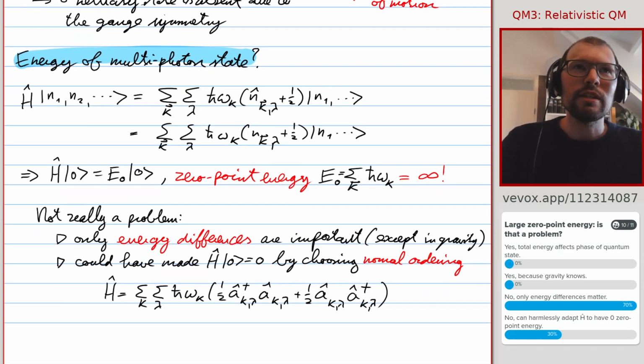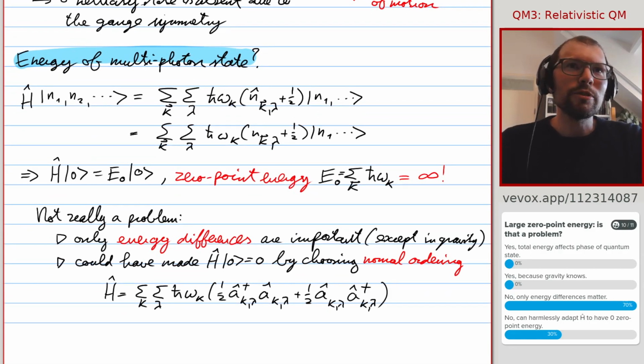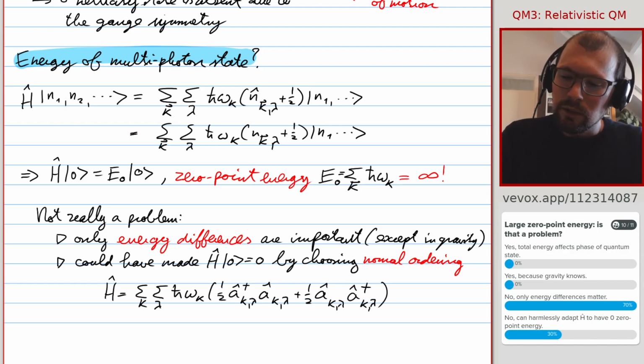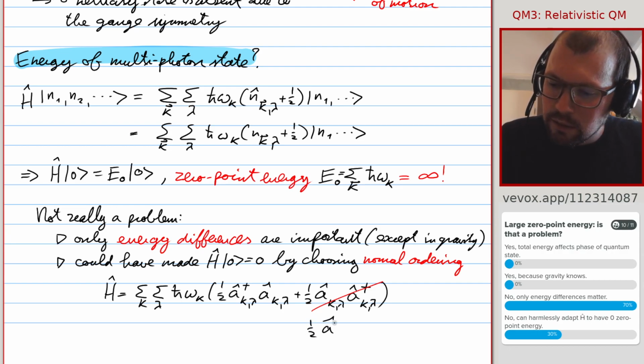And then we simply say that, well, the better operator, namely the normal ordered one, is the one in which we simply take all the annihilation operators and we put them on the right. So we say, no, you should not have written like this. Instead, we want this also to be of the same form as there.